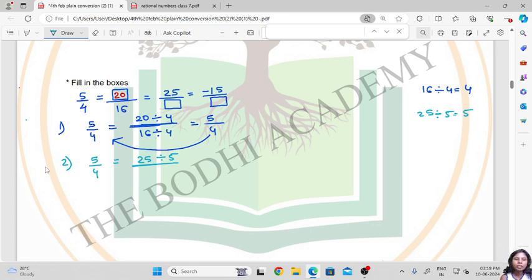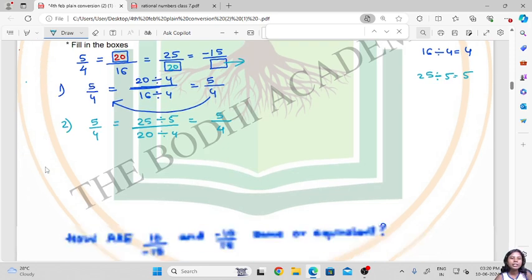So obviously it will be 20. So we fill up this place with 20. Similarly we can find the last one over here, and that's how we fill in the boxes.